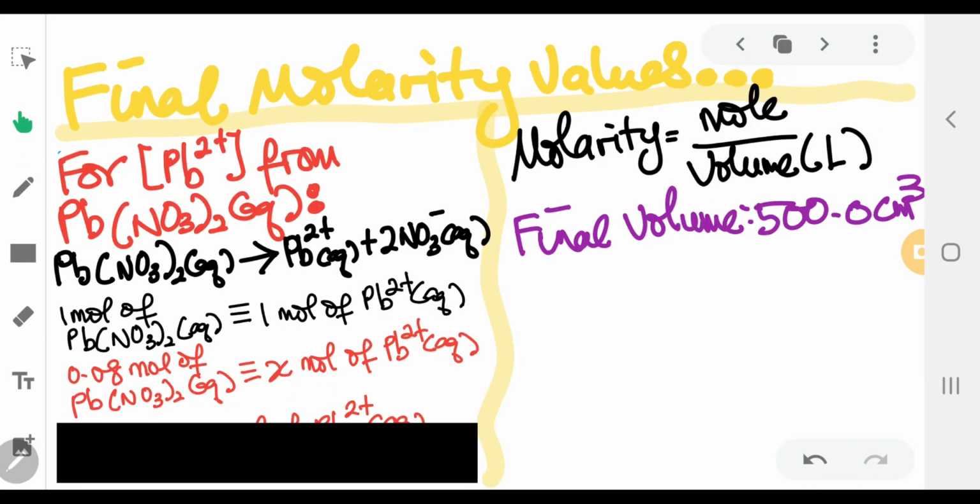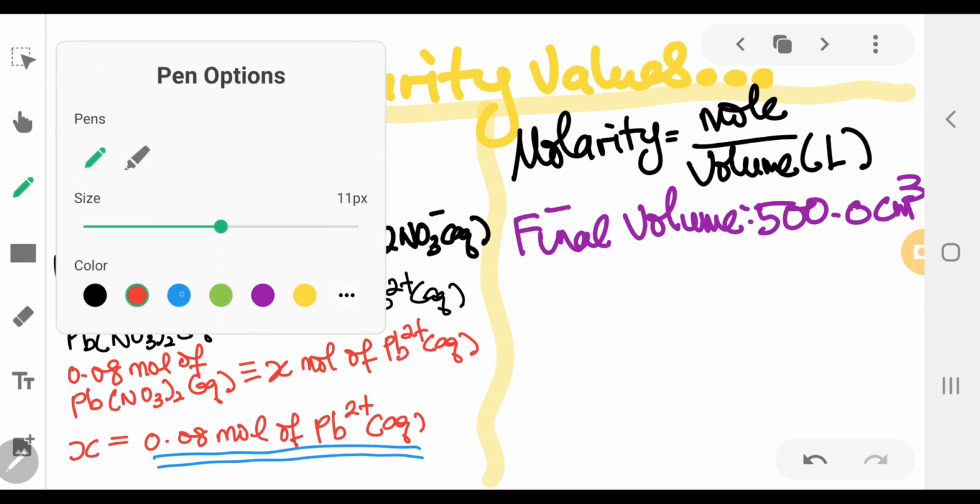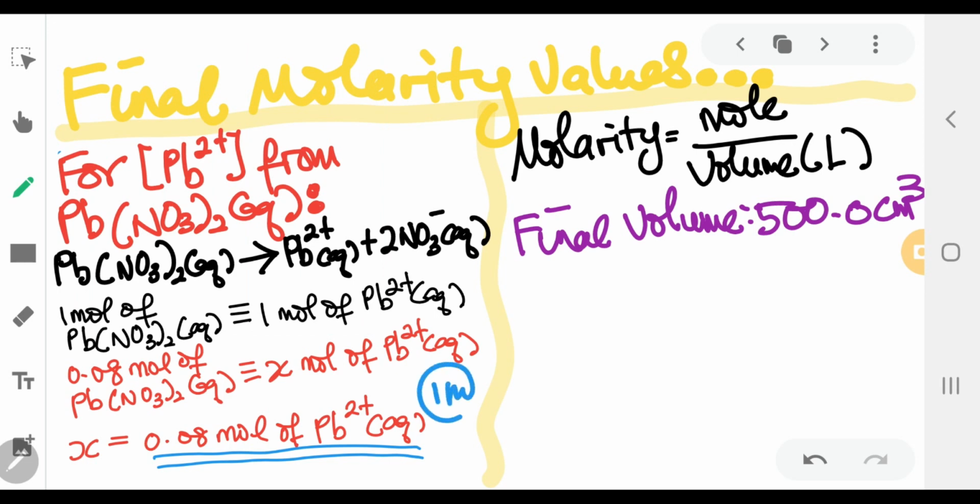So from the question, when you compare with the proportionality, you would get the number of mole of Pb2 plus aqueous, 0.08 mole. So you get 1 mark right there and 1 mark right there.